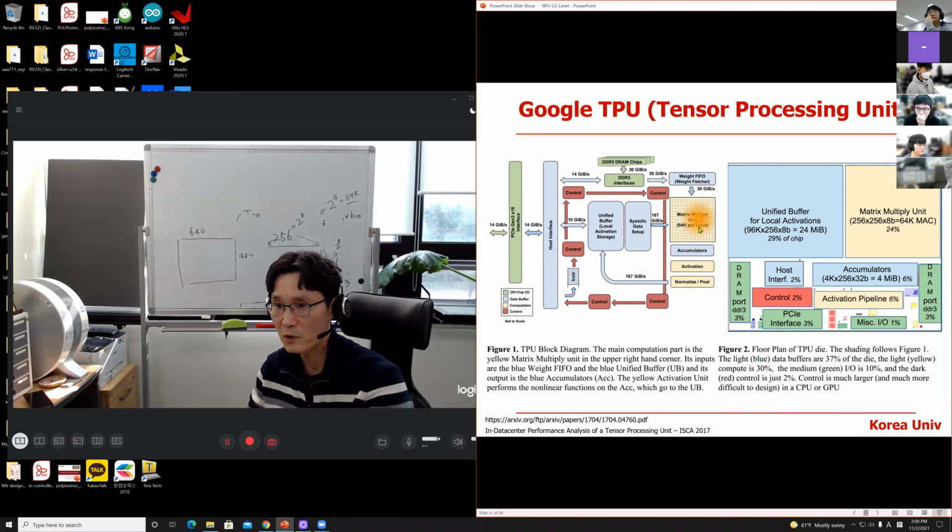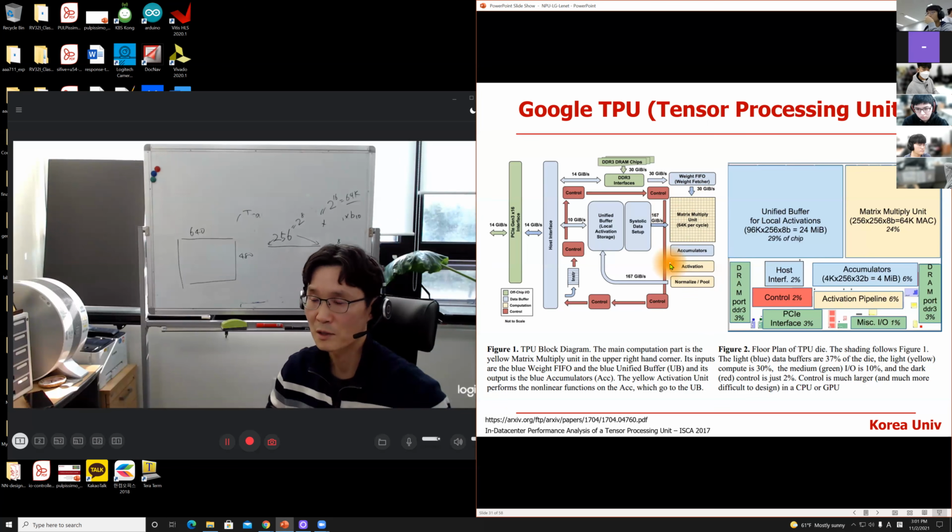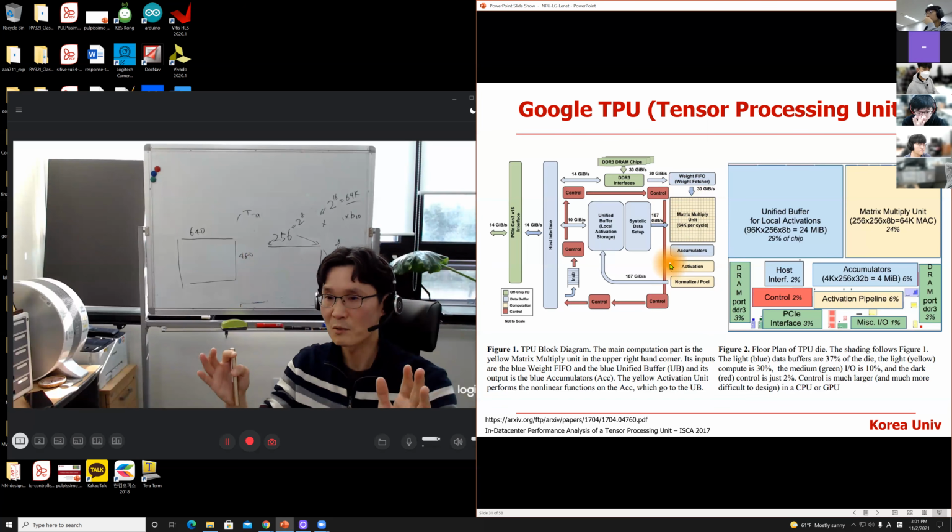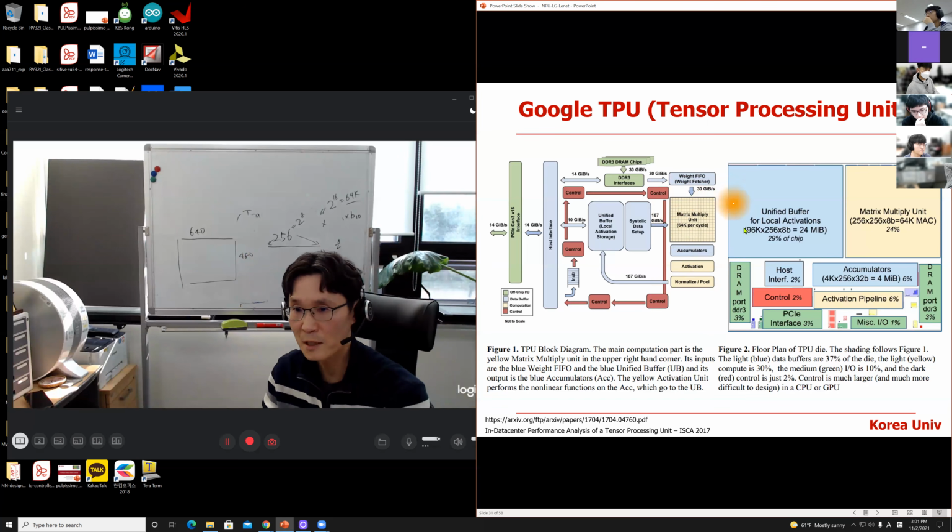So it goes through multiplication, activation, pooling. That is one convolutional operation, one set of convolution operations. Then it goes back.